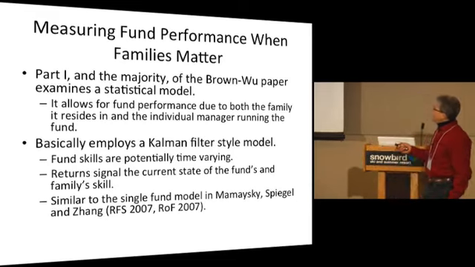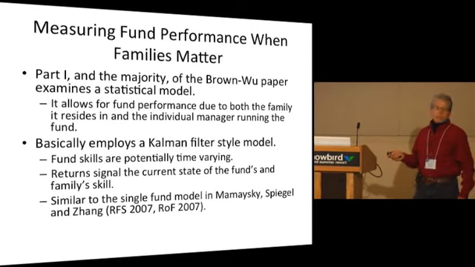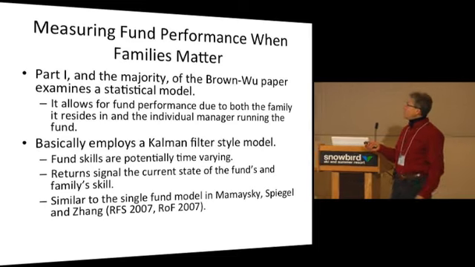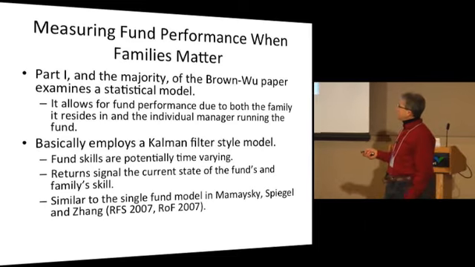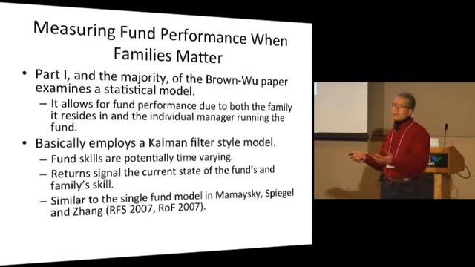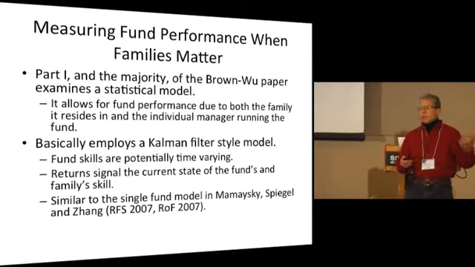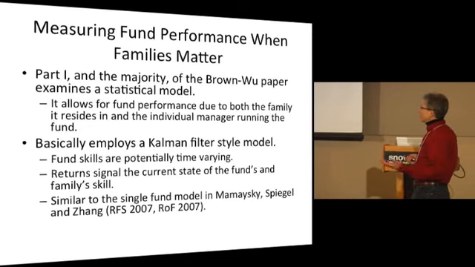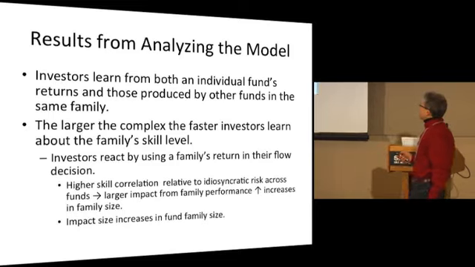Now that first part, where fund skills are potentially time varying, is similar to the single fund models I had with Mamaysky and Zhang, where we had time varying information flows. That is, sometimes you knew something and sometimes you didn't, but your skill was a constant. So you could imagine time varying skill is another way of looking at the same thing.